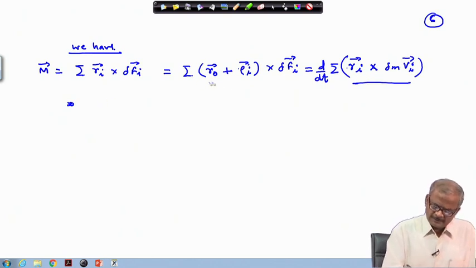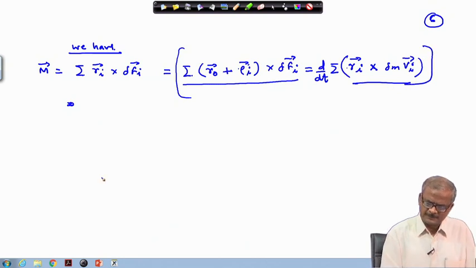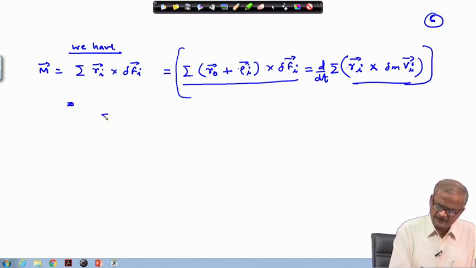Now, on the left hand side, this particular part we will use in our expansion. Because R 0 is not dependent on this summation, R 0 is a particular point in the body.